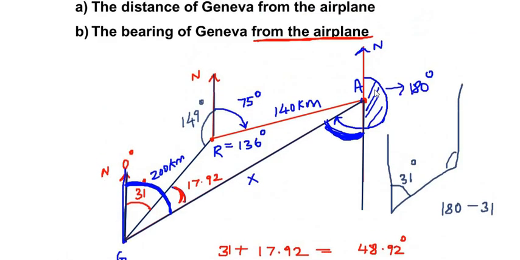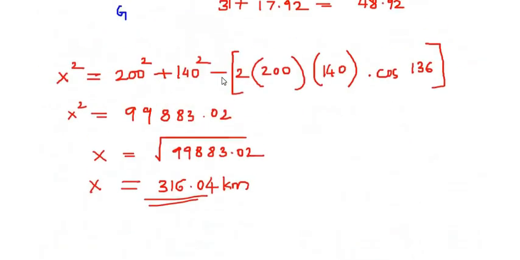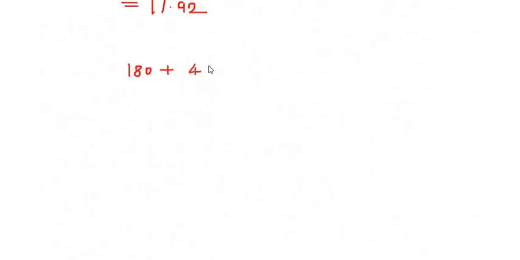Hence, since it is an alternating angle, we got this side as 48.92 degrees. So finally, to find out the bearing of Geneva from the airplane, we add 48.92 to the complete 180 degrees. So we get it as 180 plus 48.92.